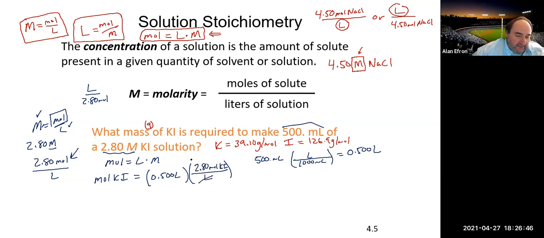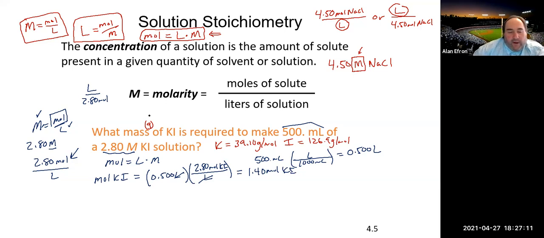Liters will cancel. We're basically taking 0.5 times 2.8. Going to give us 1.4 moles of our KI. Any questions on that calculation so far?